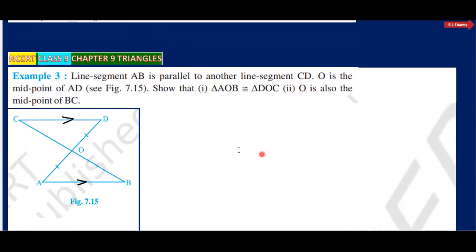O is the midpoint of AD, means AO is equal to DO. And we have to prove that triangle AOB is congruent to triangle DOC, and we also have to prove that O is the midpoint of BC.